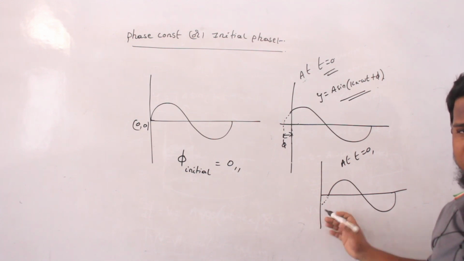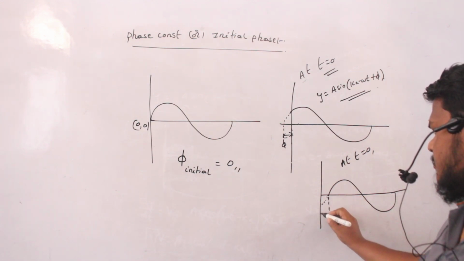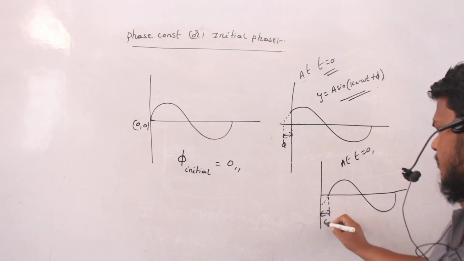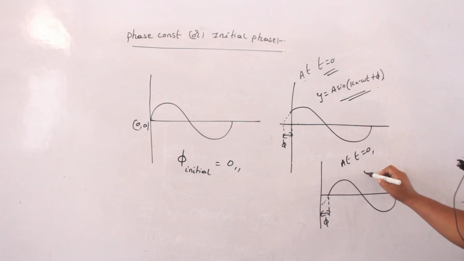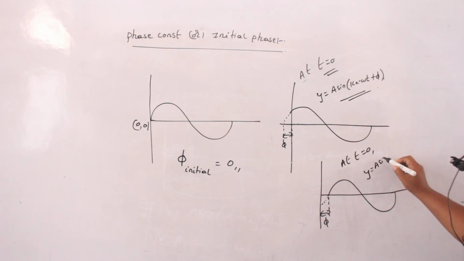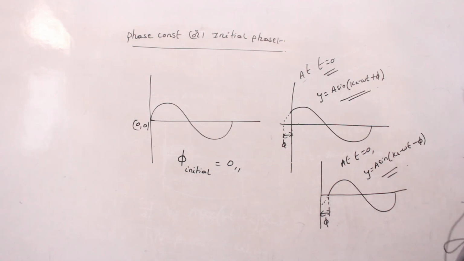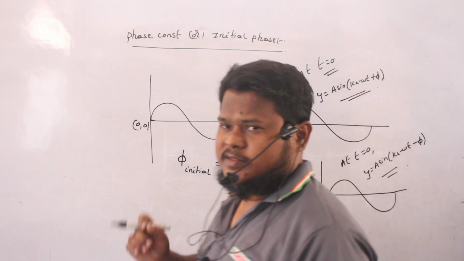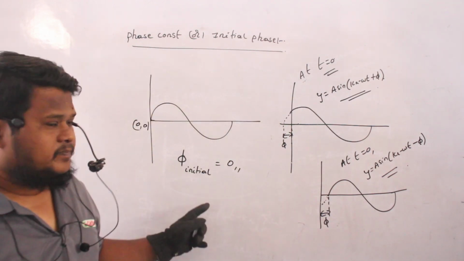It is present at a negative displacement at time t equal to 0 when I started observation. It means already there is some negative phase present for this particle. So for this one the equation which I can write is a sin(kx minus omega t minus pi).